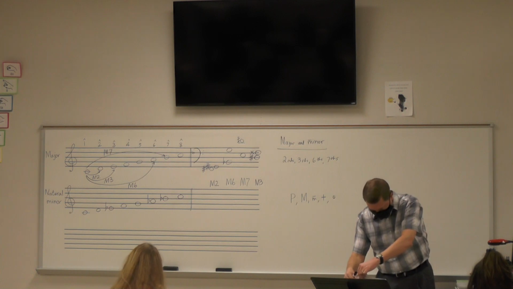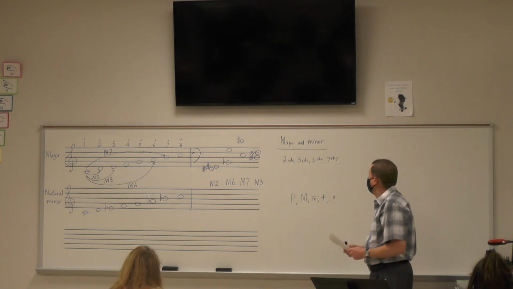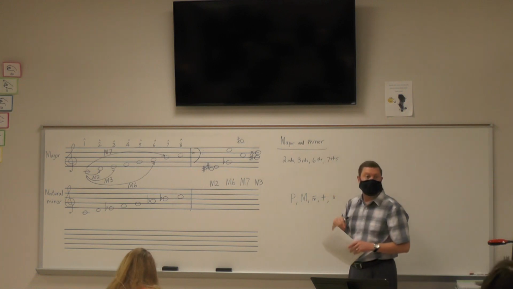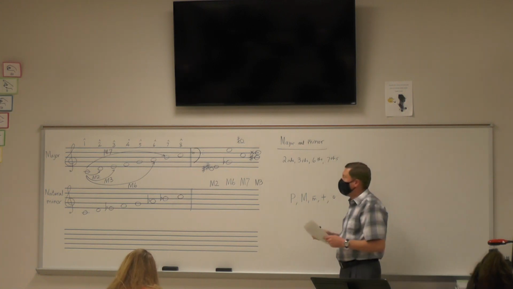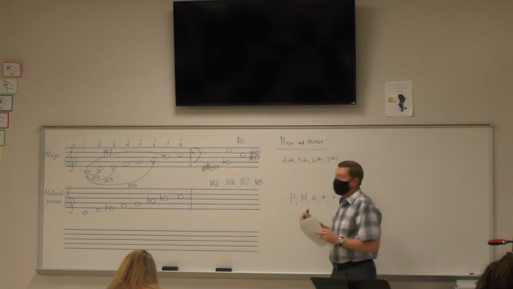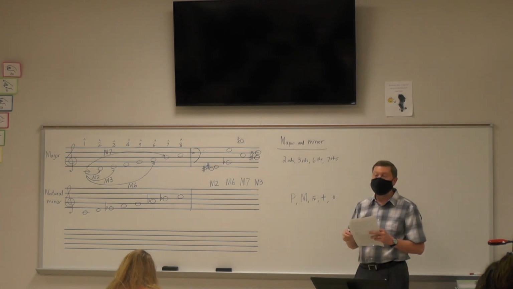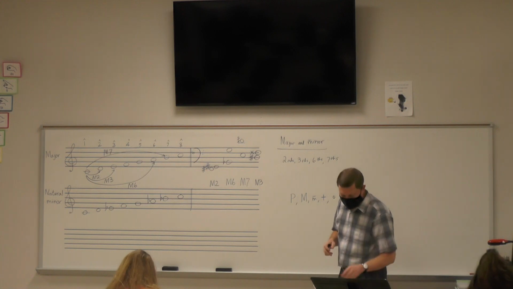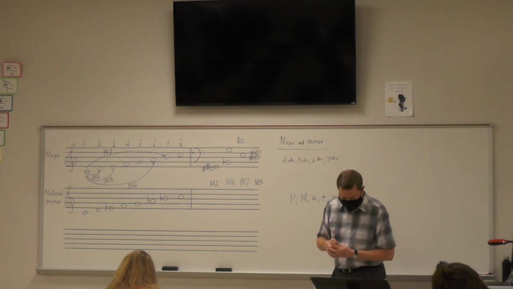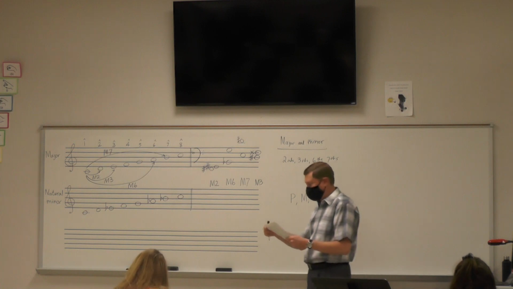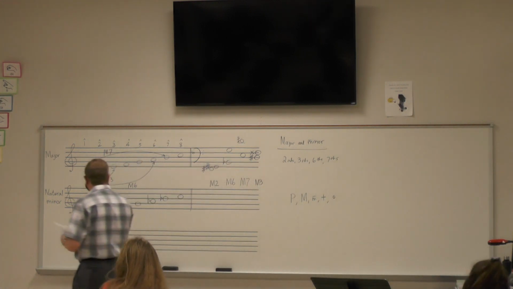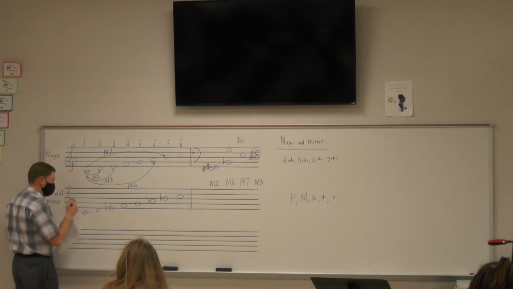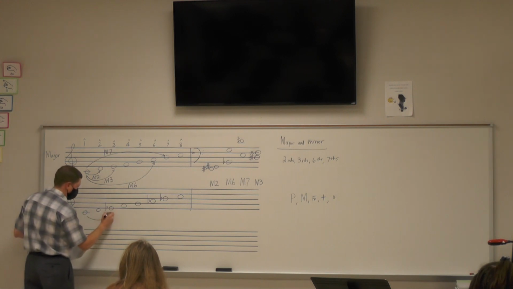All right. Now, we also know that seconds, thirds, sixths, and sevenths can be called minor intervals. And most of these intervals are found between scale degrees in the natural minor scale. So, for instance, minor thirds, sixths, and sevenths occur between scale degrees 1 and 3, 1 and 6, and 1 and 7 of a natural minor scale.